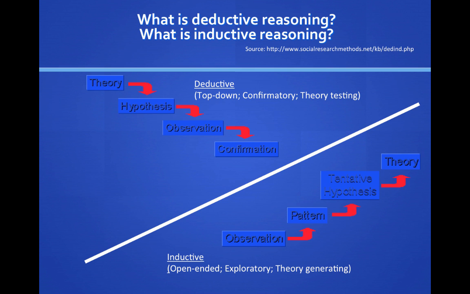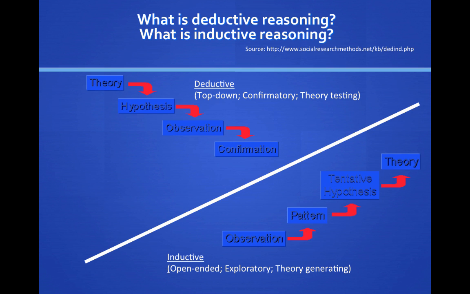In inductive reasoning, you basically begin with observing how phenomena look in reality. You start talking to people or observing situations, doing interviews, doing focus groups, and then as you collect more and more data, you start looking for patterns, themes and regularities in those settings that you're studying. Then you formulate some tentative hypotheses that you could explore, and finally end up developing some general conclusions or even a theory.